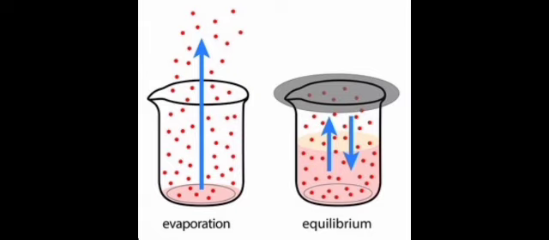Example, in the formation of ammonia from nitrogen and hydrogen, N2 plus 3H2 forms, in a reversible reaction, 2 moles of ammonia. The enthalpy change is minus 92 kilojoules per mole.